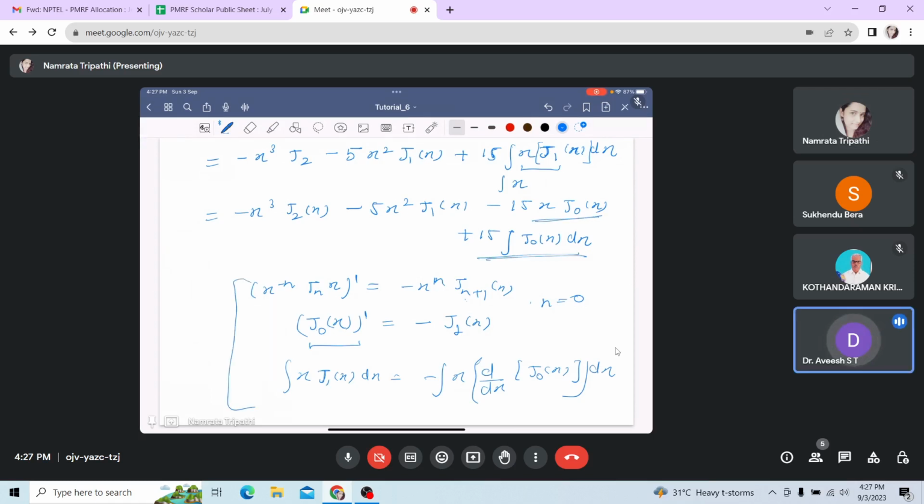Ma'am, is the last term plus 15 into integral of J naught of x dx? Yes, yes. It is the integral of J naught of x. Okay, okay. So integration is not completely removed. Removed. Yes. Okay, okay.